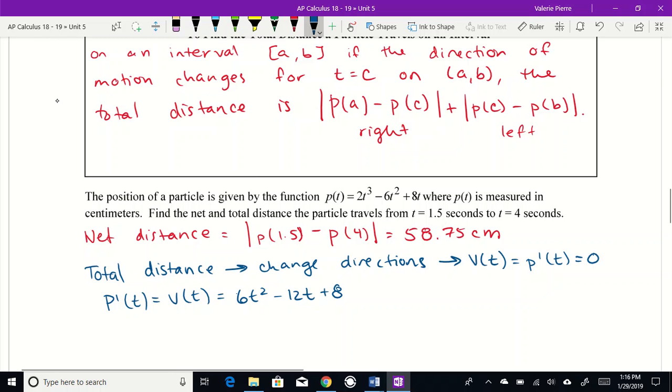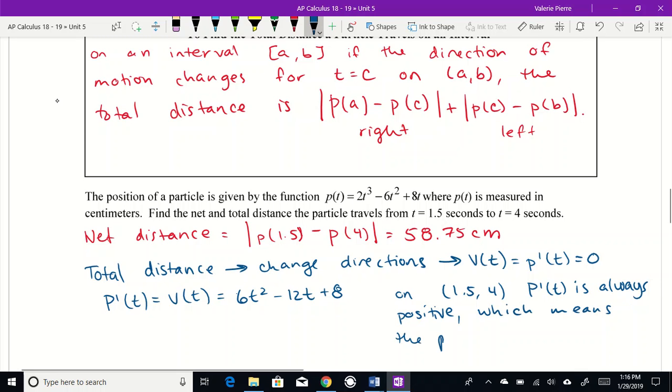On the interval from 1.5 to 4, p prime of t is always positive, which means the particle doesn't change directions on our interval.